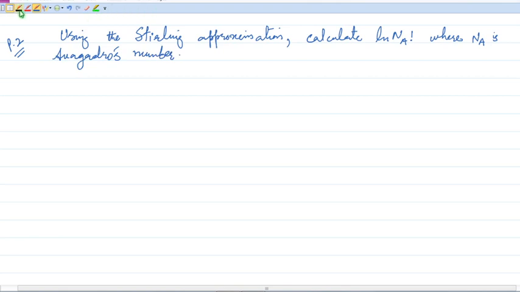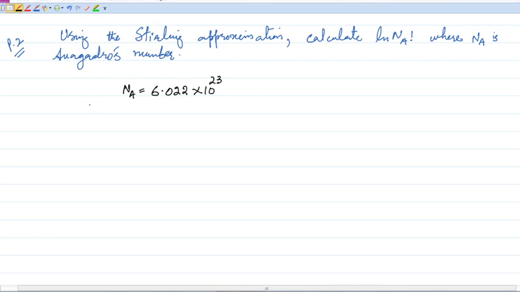So we have to simply use the Stirling approximation. Here we will first write Na is simply equal to 6.022 into 10 raised to the power 23.